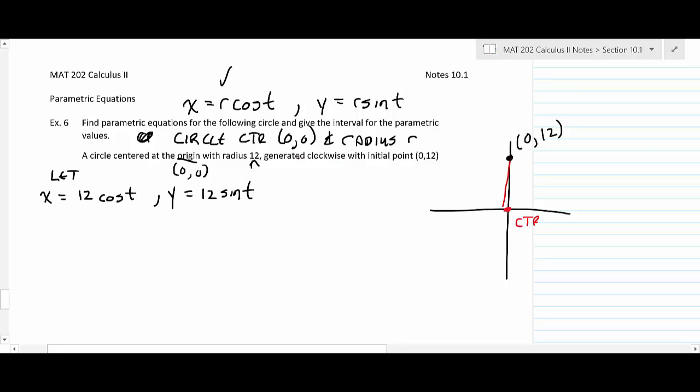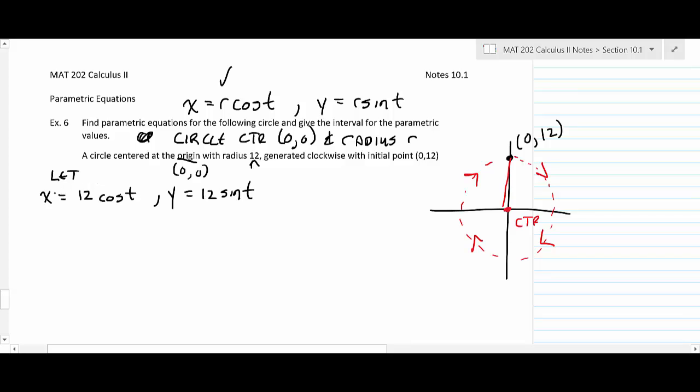It's saying that you're generating this clockwise, so your circle is going to go around like this. The positive orientation is going to go like this. You can actually do this problem backwards too if you want to. It doesn't really make much difference. But let's go ahead and generate this circle, and I'll show you what we get here. You're going to do this the same way.